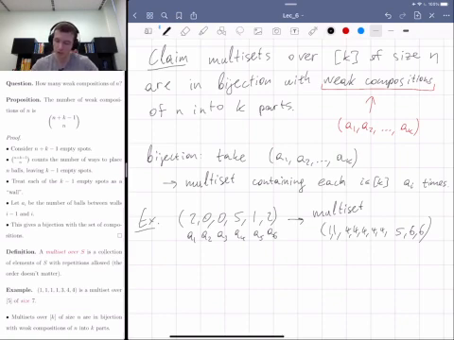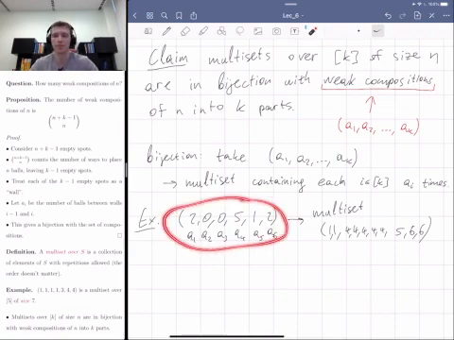And conversely, if you just record the number of 1s, 2s, 3s, 4s, etc., you're going to get a weak composition of n. Does it make sense? All right, cool.